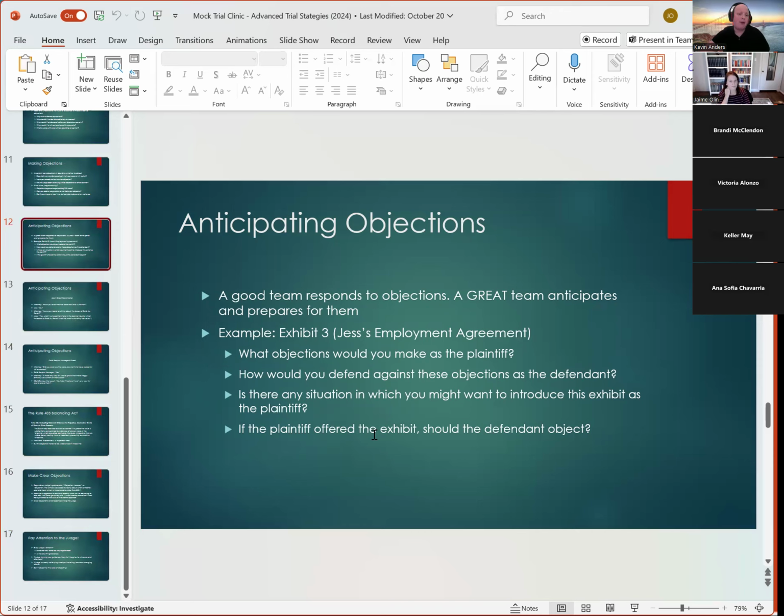Now, in prepping your witness and your cross-examination questions, if it's something that you feel like you can just address through cross, even though there's a question that was asked that's objectionable, and you can clean it up on cross, you may want to consider not objecting in that case and just addressing that point on cross. When you address that on cross, you say, the opposing counsel asked you this question, however, XYZ.